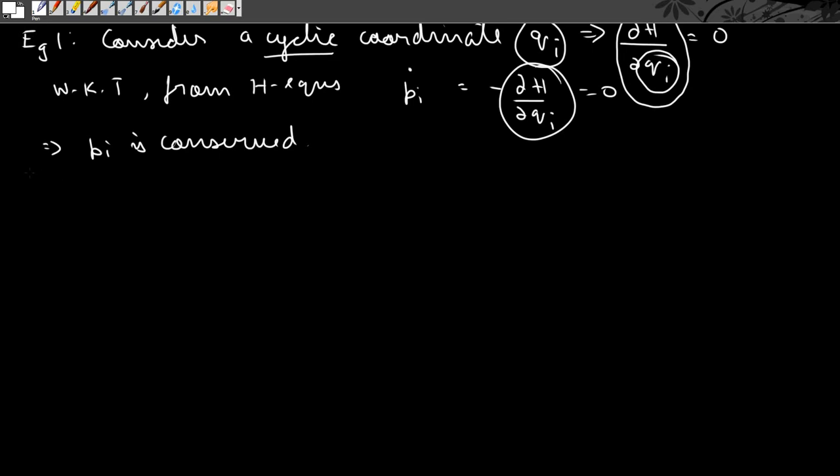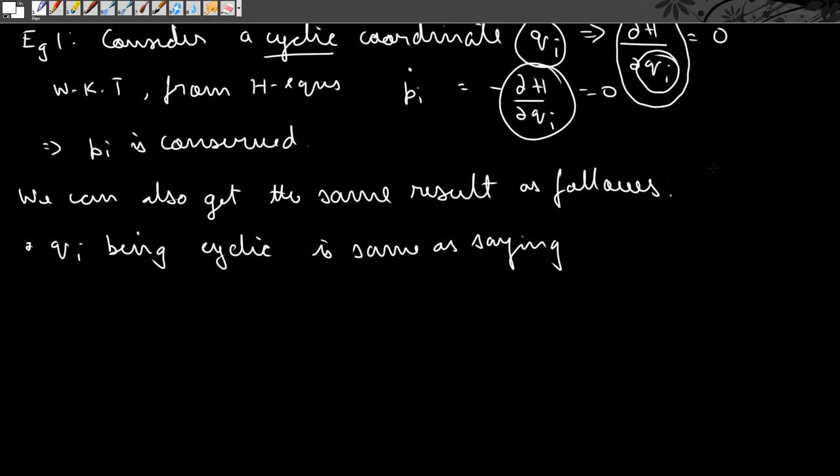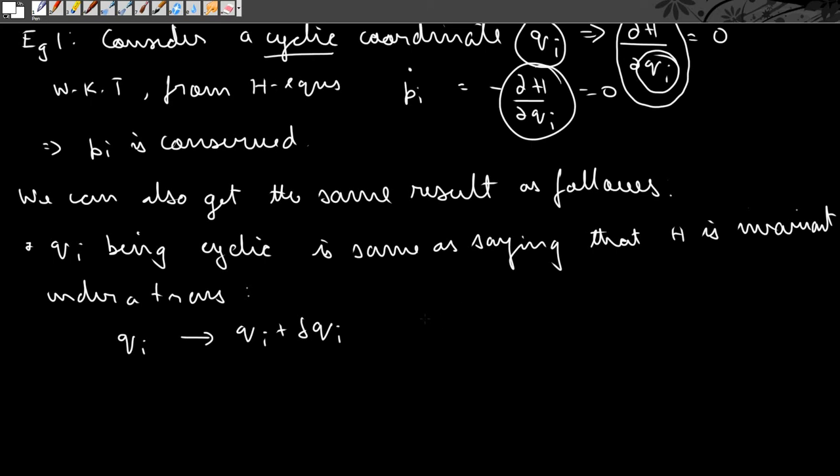Let me write this down. We can also get the same result using our connection between symmetry and conservation as follows. qi being cyclic is the same as saying that H is invariant under a transformation wherein qi transforms to qi plus δqi and the rest of the q's and p's remain as they are.